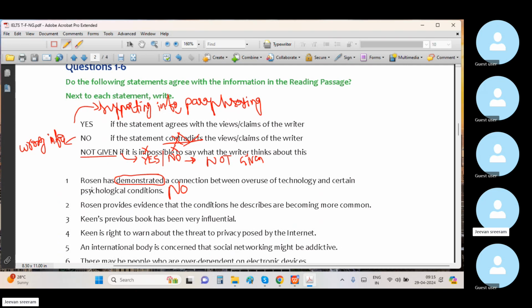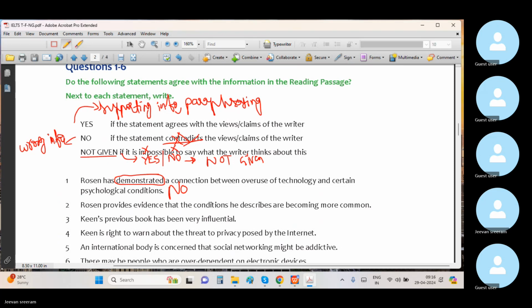Has the author given an opinion on the relationship between overuse of technology and psychological conditions, psychological problems? Yes. The author clearly mentioned that he couldn't find any causal connection between over-reliance on technology and psychological problems, as Rosen mentioned. So the author is not agreeing with Rosen, right? Is it clear, buddies?